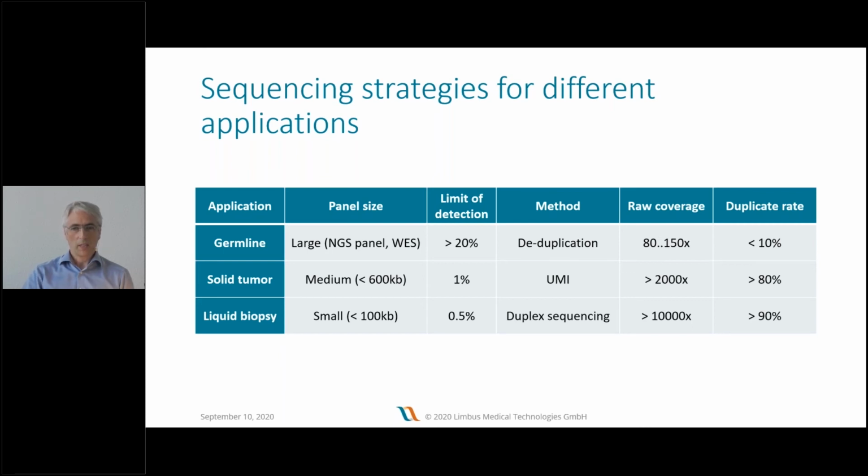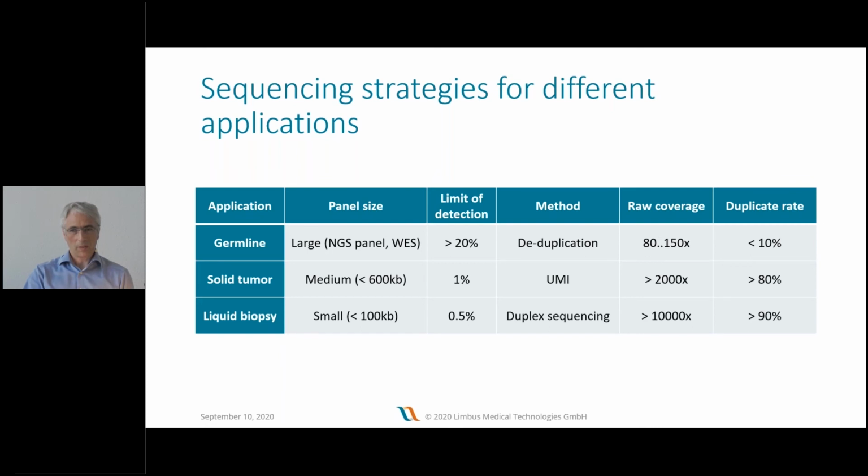And the most difficult assay is the liquid biopsy, where you push the limit of detection below 1%. This is where you need very complex technologies like duplex sequencing, and very high coverage. I'm going to show you how this process works, what the requirements are, and how you can validate that you achieve this kind of performance.